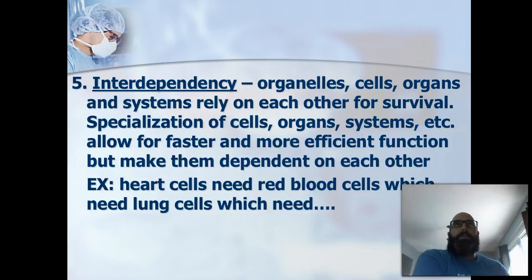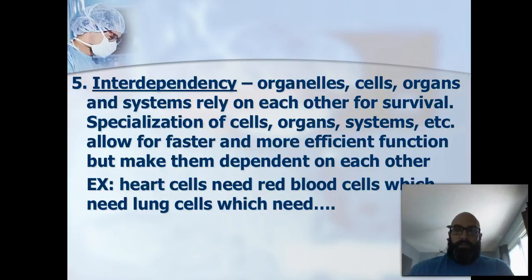But in order for the red blood cells to adequately carry oxygen and deliver carbon dioxide outside of the body, you have to have lungs, or the respiratory system. So in order for the heart, which is part of the cardiovascular system, to survive, it relies upon the respiratory system to obtain oxygen and get rid of carbon dioxide. And for obvious reasons, if one of those two things is interrupted, then the organism ceases to maintain homeostasis and dies.